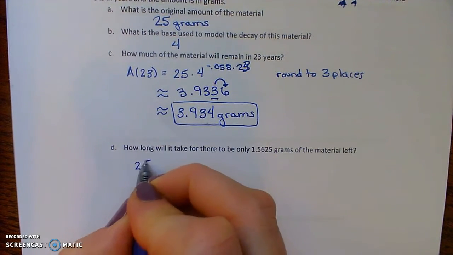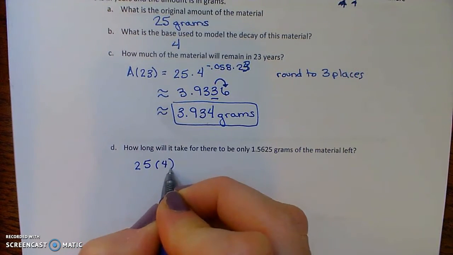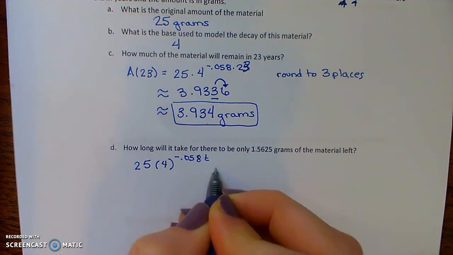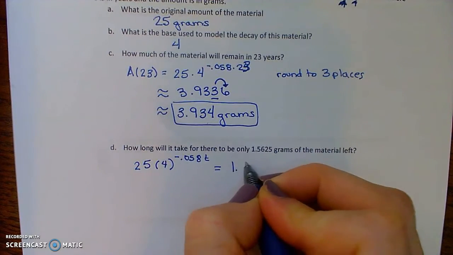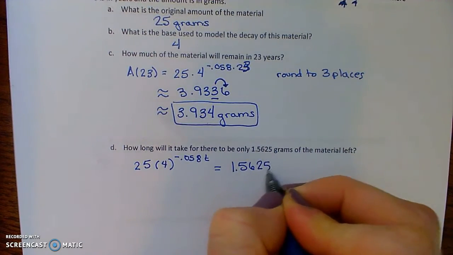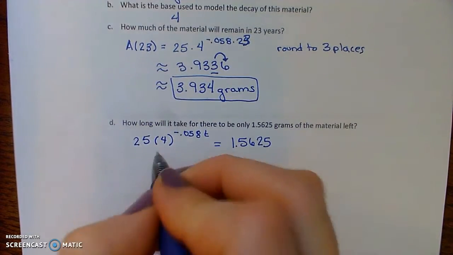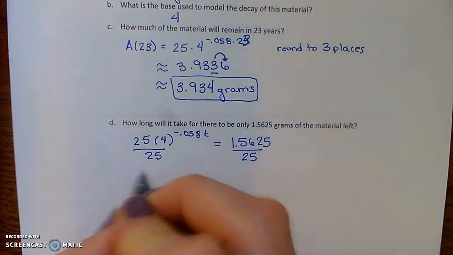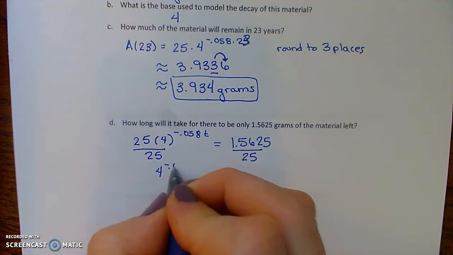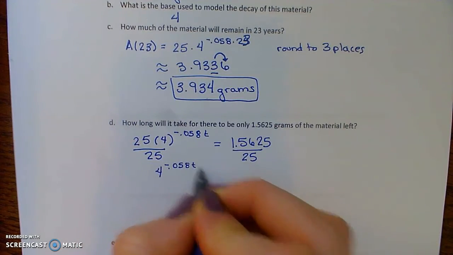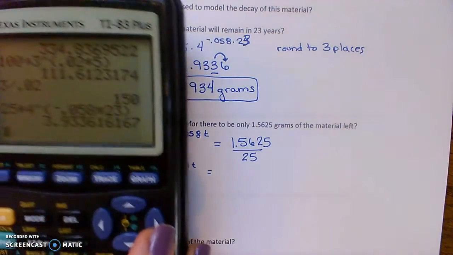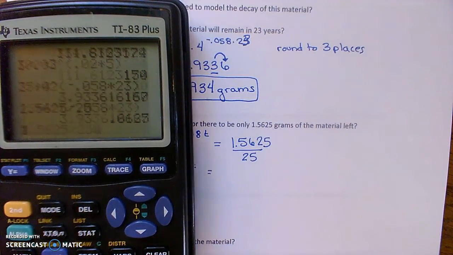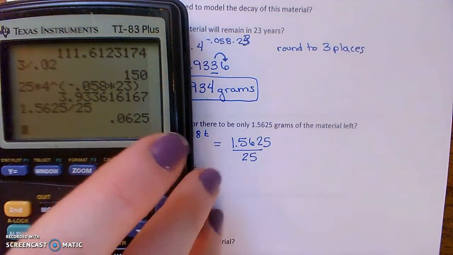So let's go ahead and set our function equal to that many grams, and we'll try and solve for t. So the first thing we'll do is divide by that coefficient. So we get 4 to the negative 0.058t equals 1.5625 divided by 25, which gives me 0.0625.